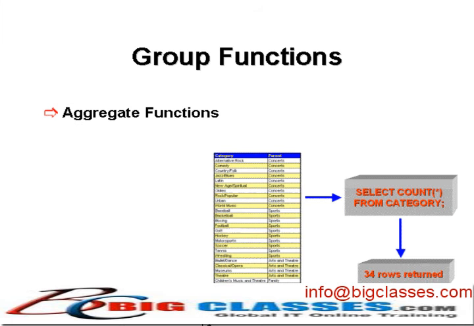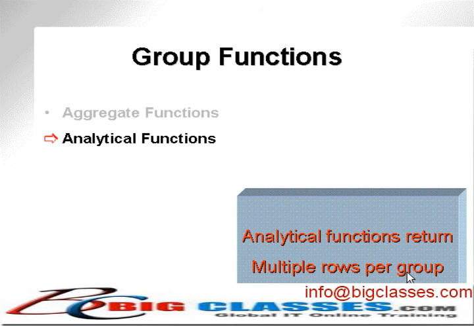As you can see from here, once again, we've selected the count from the category and we've come up with 34 rows returned. The analytical function actually analyzes data, groups it into sections, and it would return multiple rows per group, but it would not necessarily return a single row from a summary of multiple rows.